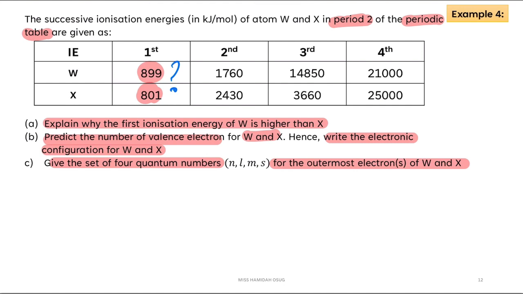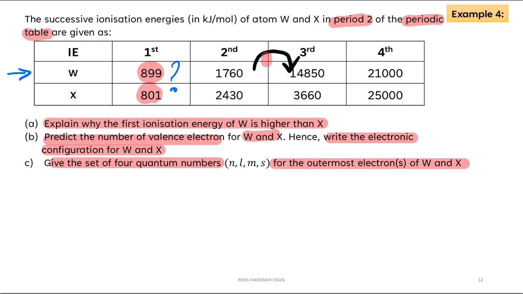So, to answer this question, we need to look at the data of successive ionization energy given in the question. So, we need to look at the drastic increase and also the number of valence electrons first. For atom W, as we can see there, the drastic increase happens between the second and the third ionization energy.